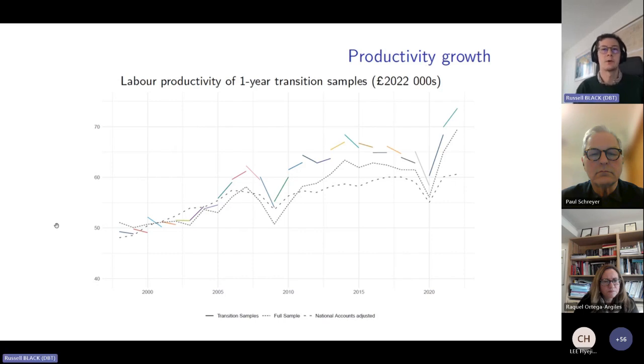So this is where we have a business where we know either you're an entrant or an exitor in the 1 year interval, or we have data for you both at the beginning of this interval and at the end of this interval. So this plots our estimates of average productivity from this data. For the transition, for example, from 2005 to 2006, in this transition sample, we estimate productivity at whatever these two numbers are here.